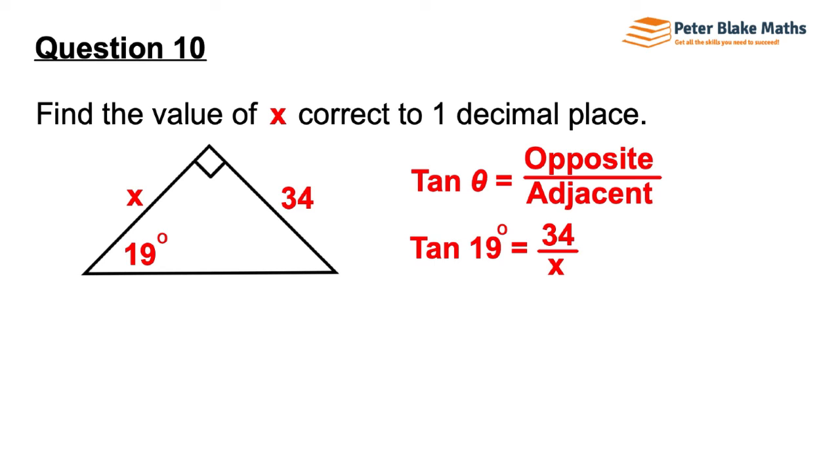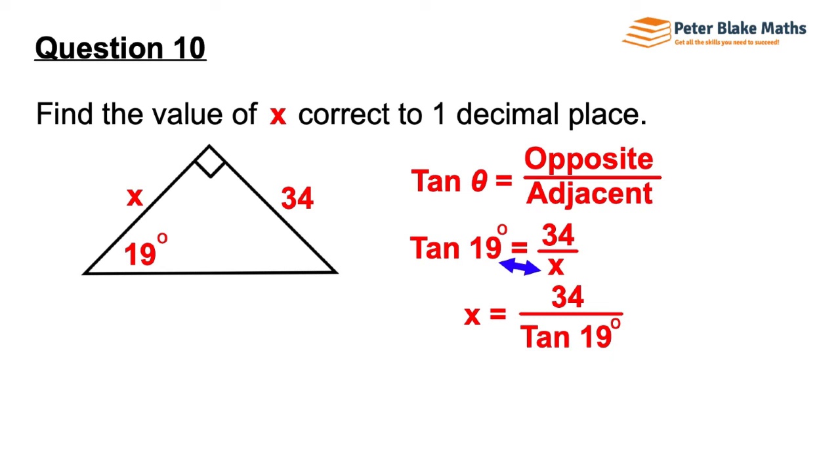So once we've written that out, we've got an x on the bottom there, which we have to be extra careful with. What I like to do is to swap those two over and write it out again with the x on its own. So the x moves to where the tan 19 was, and the tan 19 moves where the x was, and we get x equals 34 on top and tan 19 ends up on the bottom.